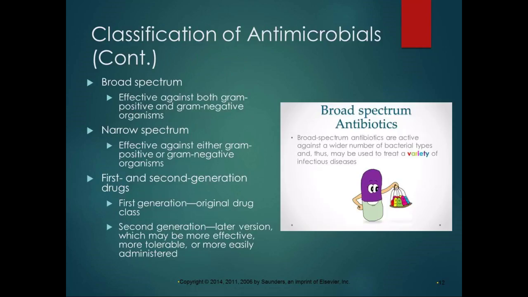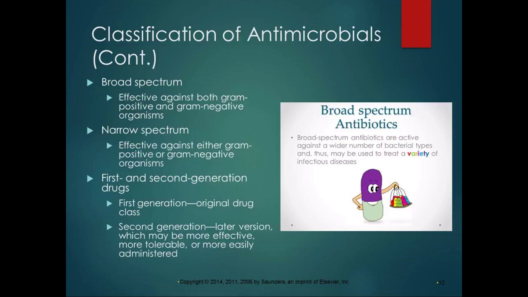When we talk about broad spectrum antimicrobials, that means they're effective against both gram-negative and gram-positive organisms. So gram staining is one way they use to identify organisms. Certain ones take up the dye in their cell walls and certain ones don't, and then certain antibiotics are effective with one or the other. Narrow spectrum antimicrobials are effective against one or the other, not both.